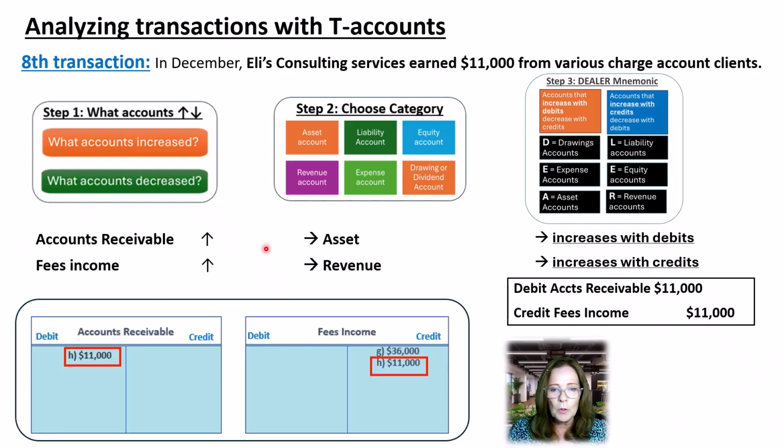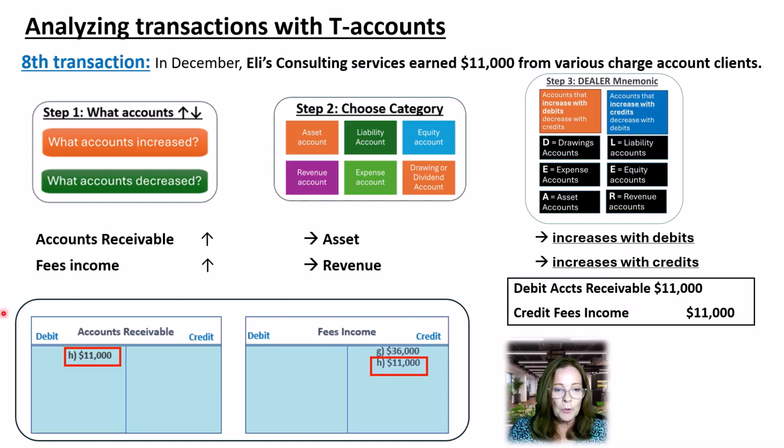Accounts receivable is an asset, and assets increase with debits. Fees income also increased. Fees income is a revenue account, and revenue accounts increase with credits. So we debit accounts receivable and we credit fees income.